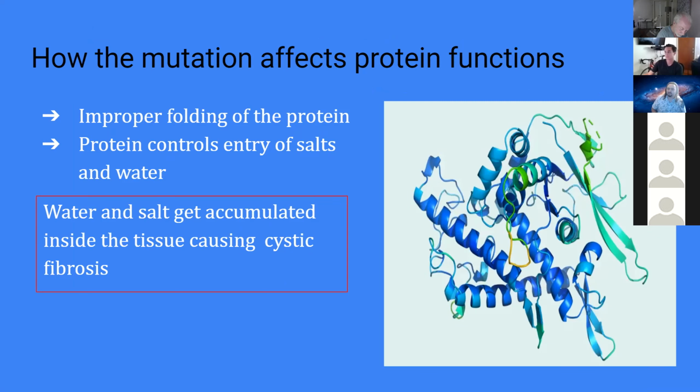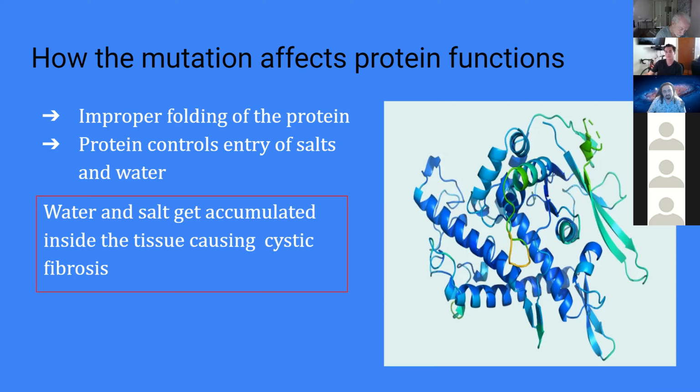The protein in the mutant controls the entry of salts and water balance in the cells. After the making of the protein by transcription and translation, the transmembrane protein moves to the surface of the cell. Here it functions as chloride channels to allow entry of salts into the cell. This mutant belongs to class 2 type mutation, where there are misfoldings of the mutant protein causing impaired trafficking problems.